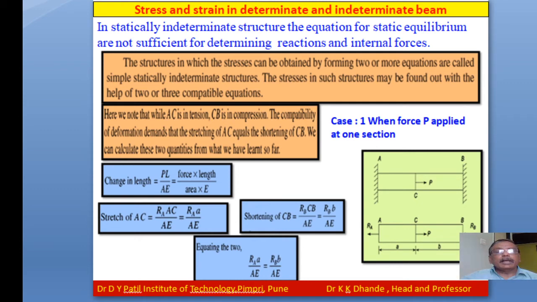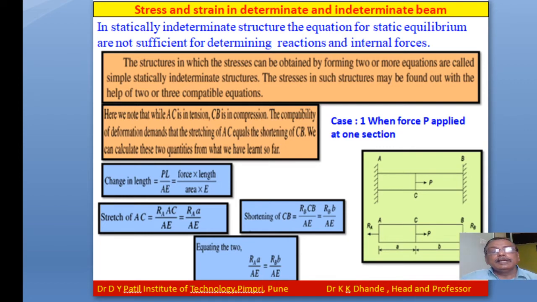So while calculating the increase in length in the section AC, again we may say PL upon AE. Here P we are going to consider as RA, with cross sectional area A, where A is the cross sectional area of section AC, and E is the modulus of elasticity.